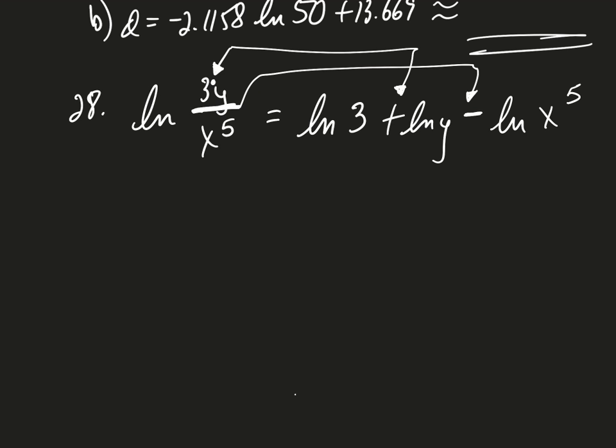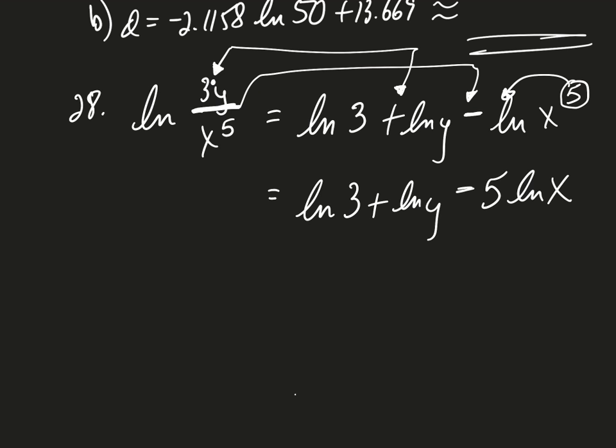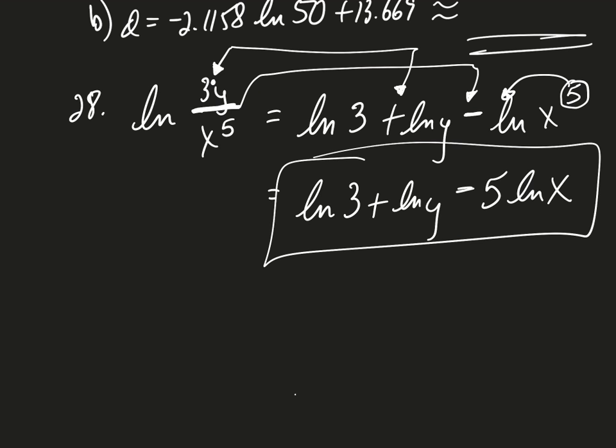Okay, and we're almost done. We can also apply the third rule, though, because the third term has an extra power. And remember, the third property says if you have an extra power, you can pick that up and slide it down in front of the log. So your best answer is ln of 3 plus ln of y minus 5 ln of x. Okay? So that's the toughest one in that first batch.